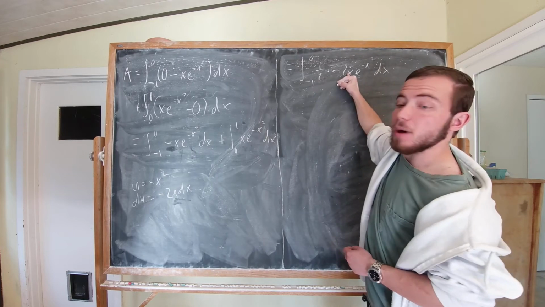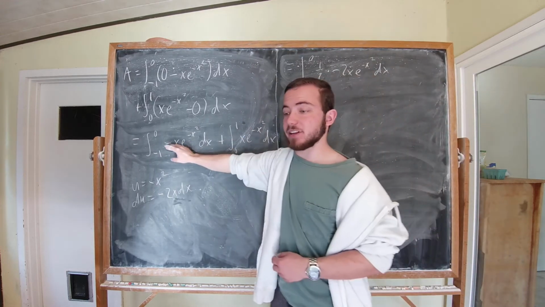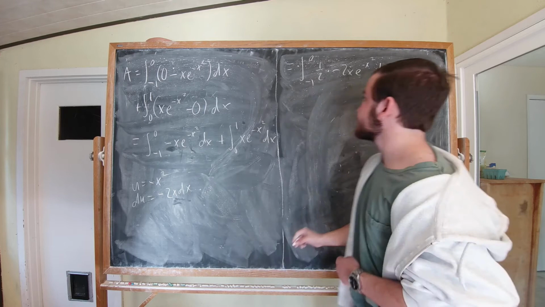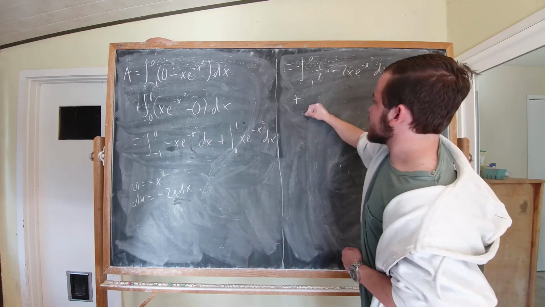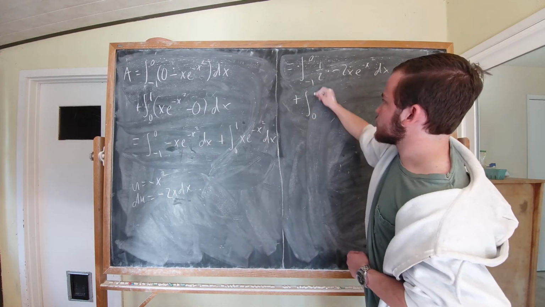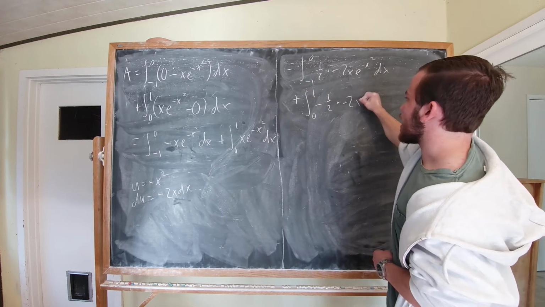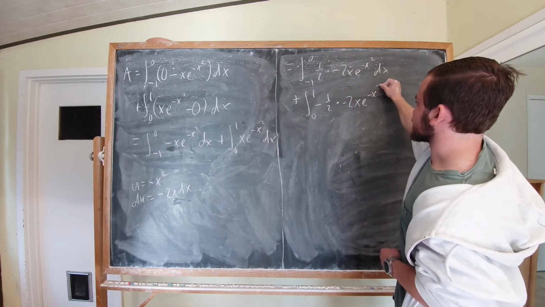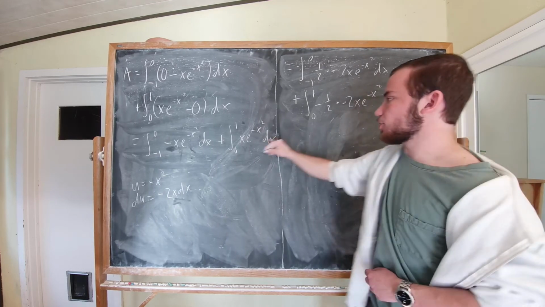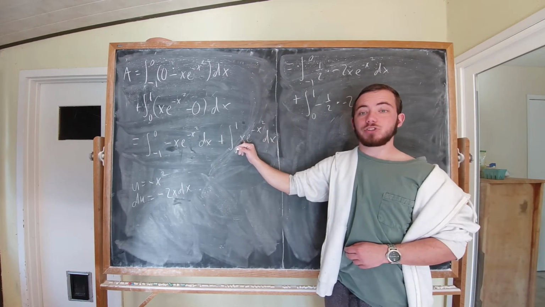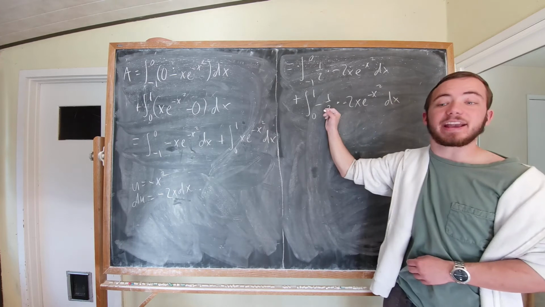The 1/2 times positive 2 gave us the negative 2 here, plus the integral from 0 to 1 of negative 1/2 times negative 2x e to the negative x squared dx. We need to multiply by negative 2 here, so we have a negative 1/2.